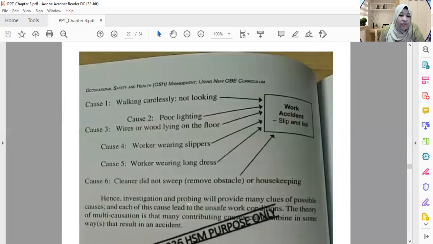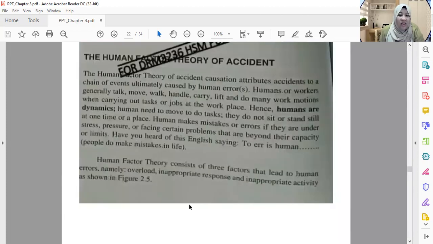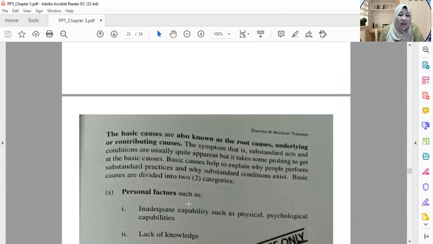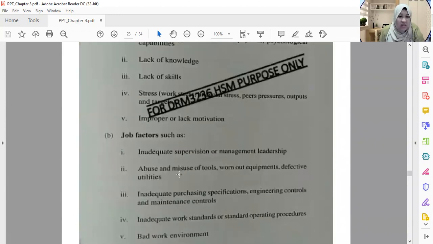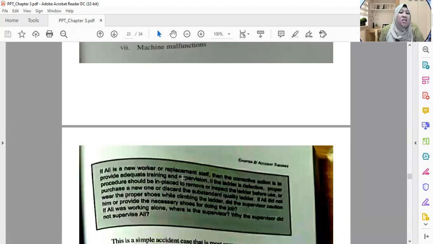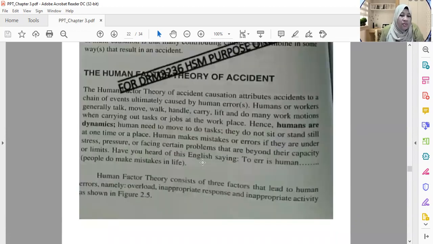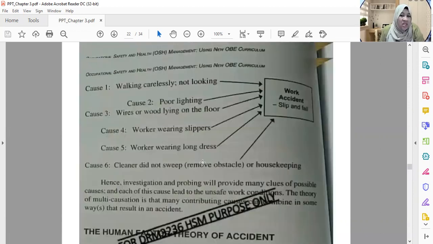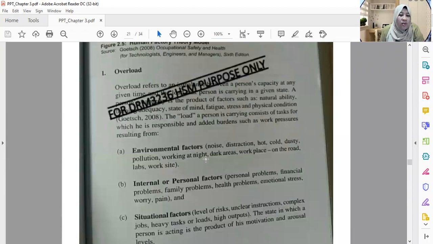So you can see here, personal factors, job factors, and so forth. Alright, let me see the first one.